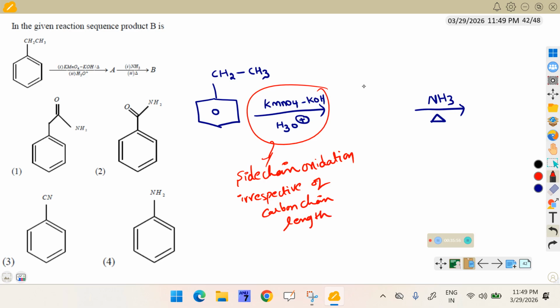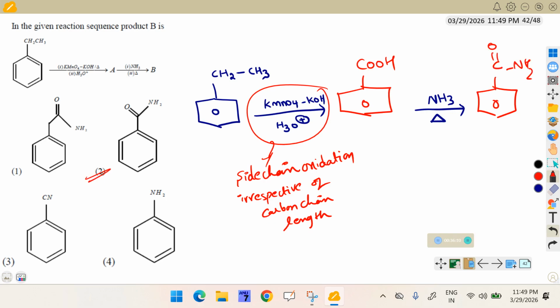Then it gives carboxylic acid. Carboxylic acid reacts with ammonia, which on strong heating gives amide, CONH2. Second option is correct option.